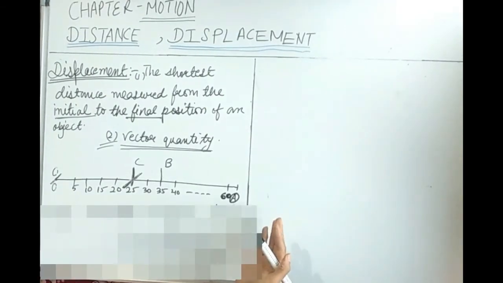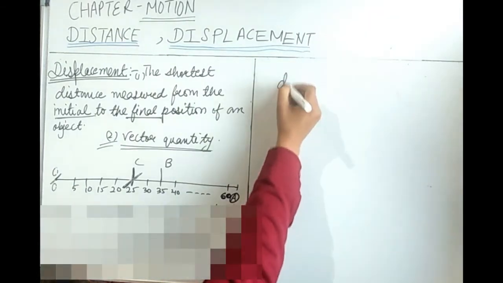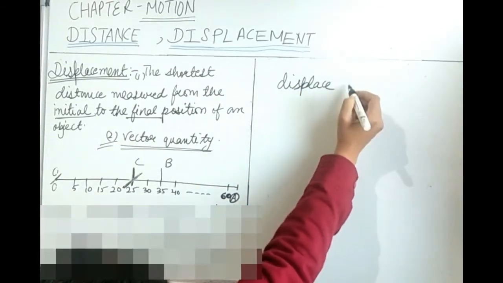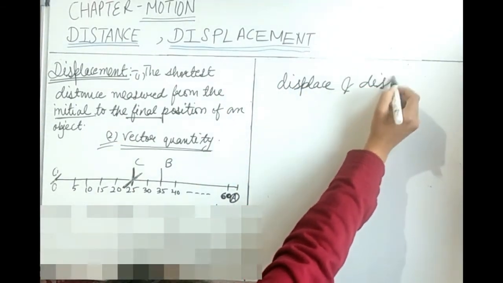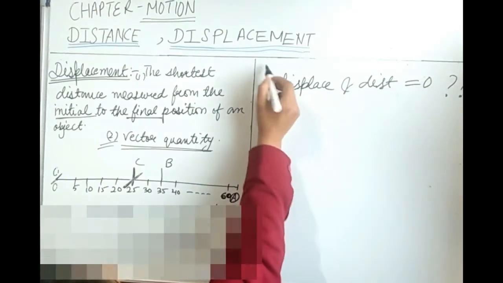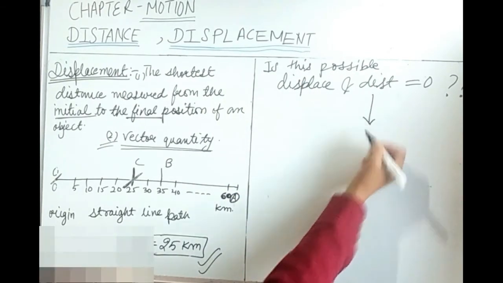We have just seen that displacement and distance can be equal. My second question is, is it possible that displacement and distance are equal to 0? Is this possible? Just think about distance first.